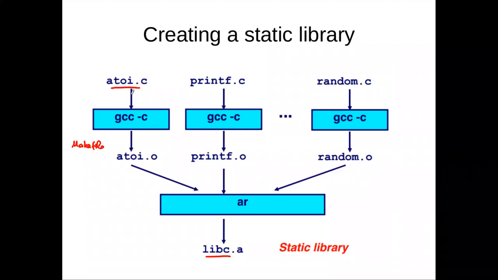So a C file is compiled with the -c flag, which means compile but do not link, to produce an object file. Same with printf.c, gcc produces the printf object file, random.c produces the random.o file. And then we use the ar tool, which takes all these object files and packages them as a single archive, which we see as libc.a, a static library.